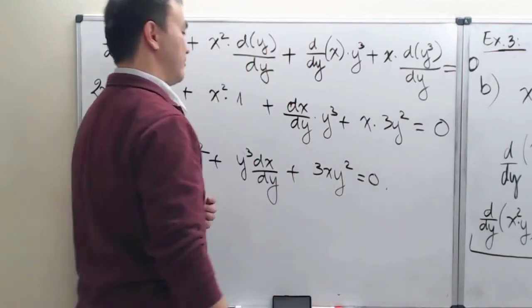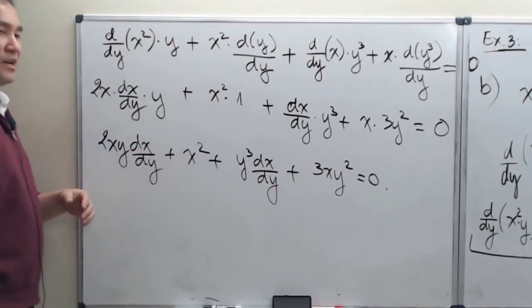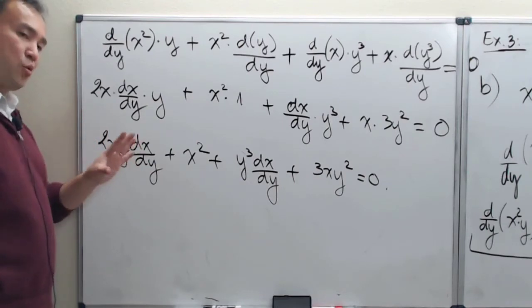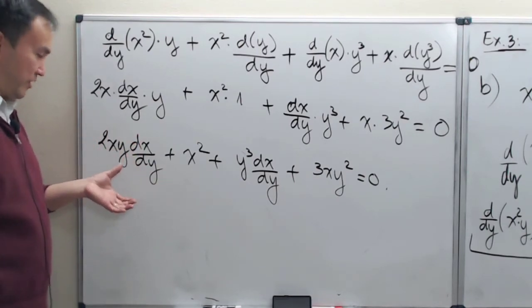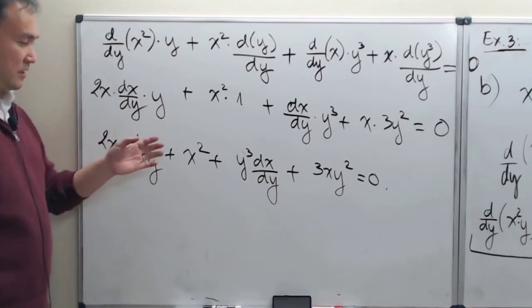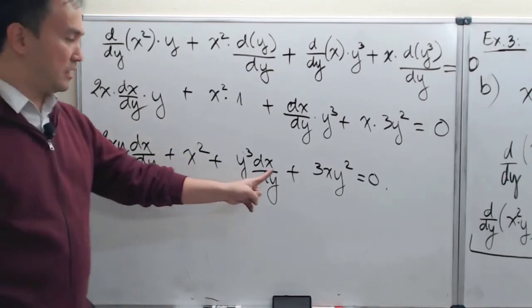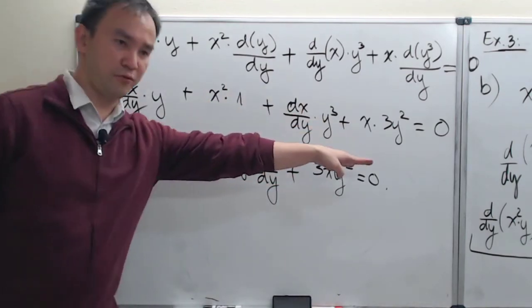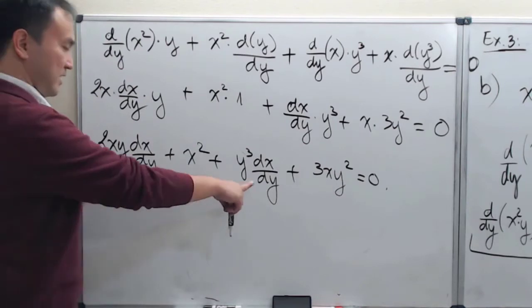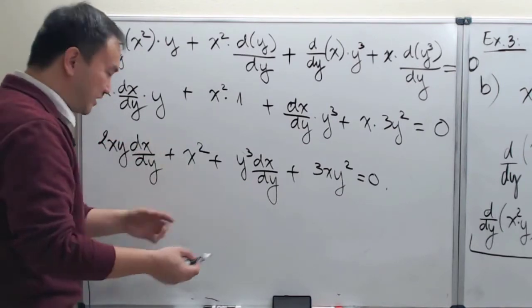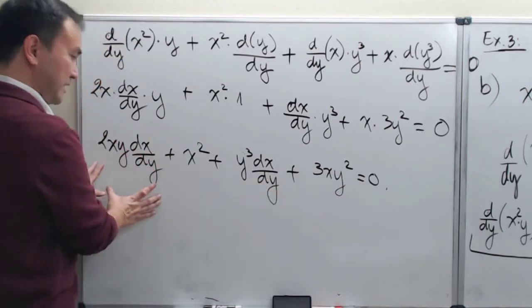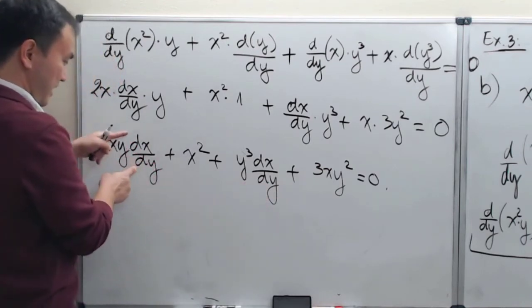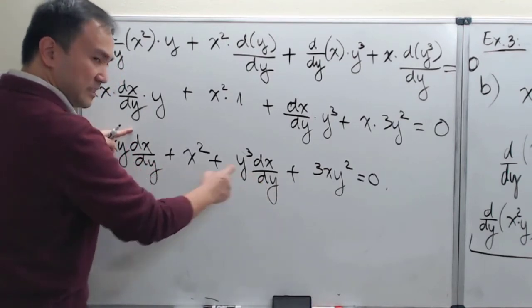After seeing quite a few examples prior to this one, we can go ahead and combine like terms. These are the non-dx dy terms right here. Bring them to the opposite side. In the meanwhile, I'm going to speed up the process a little bit and combine these two like terms, which have the common factor dx dy.